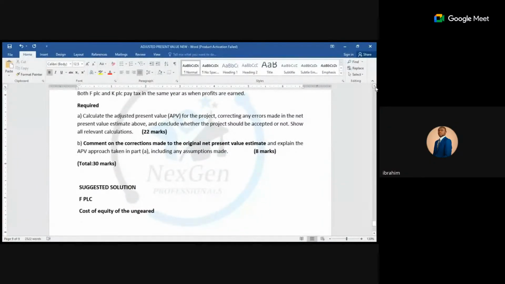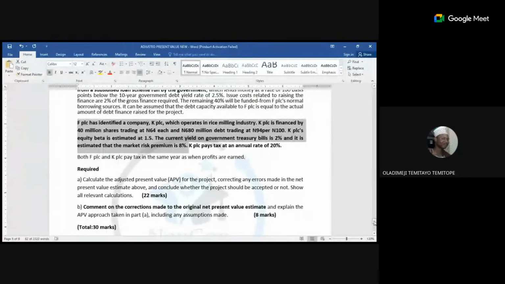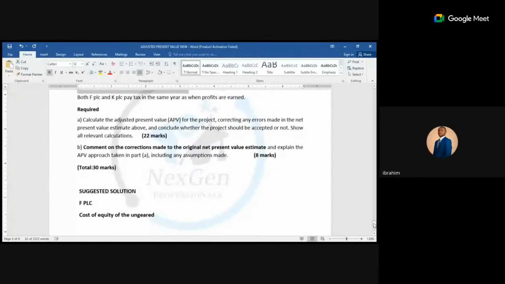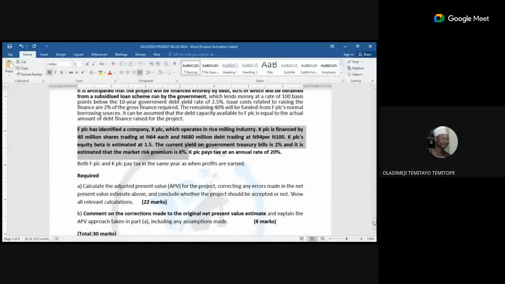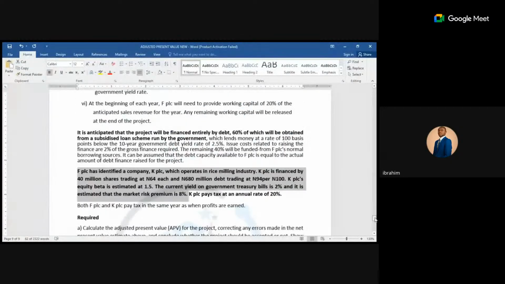Looking at this information provided, which of these approaches are we going to use to determine the cost of equity of the ungeared company? The first approach. So approach 1.